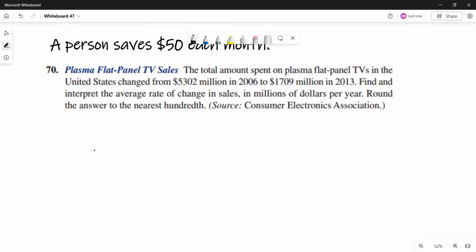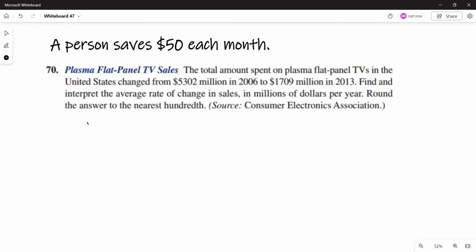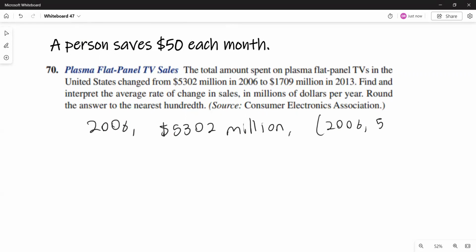So we know that in 2006, the sales were 5,302 million. Okay, so we can write a point, 2006 and 5302. And in 2013, the sales were 1,709 million.